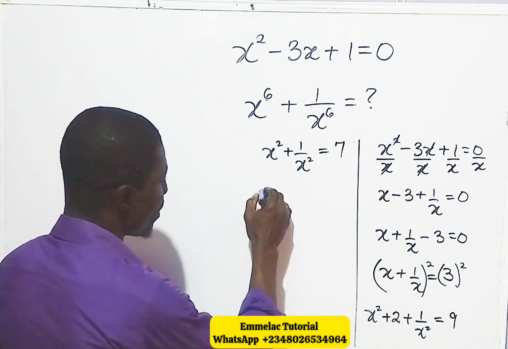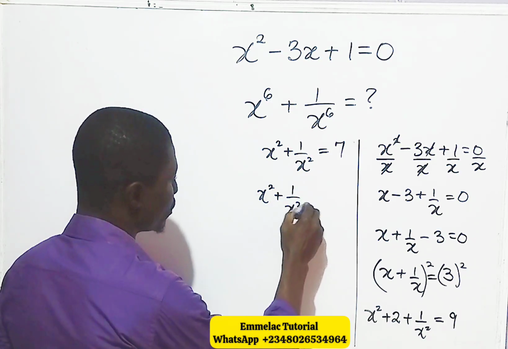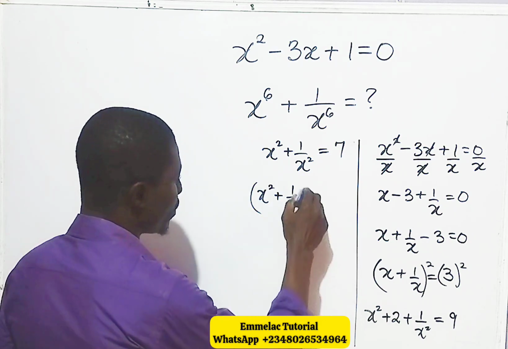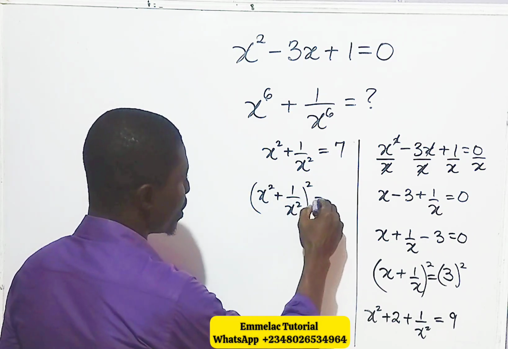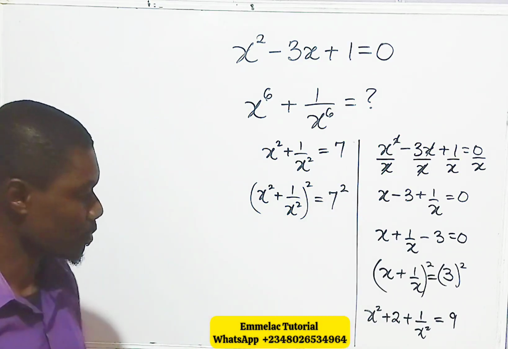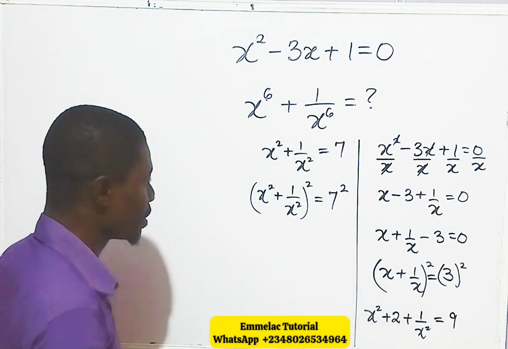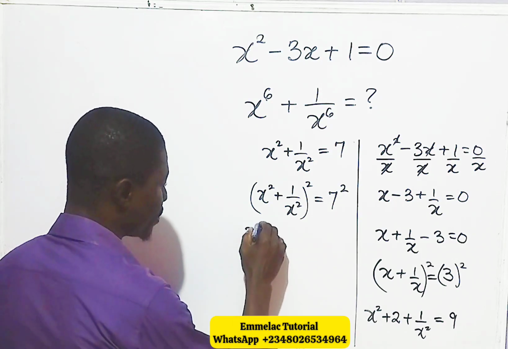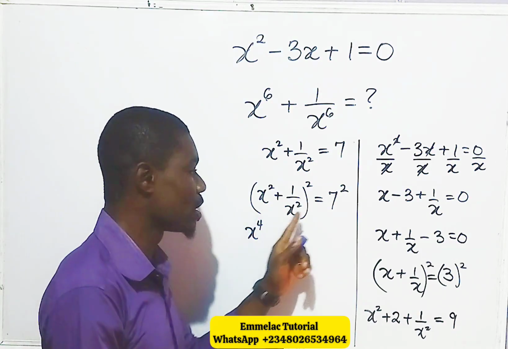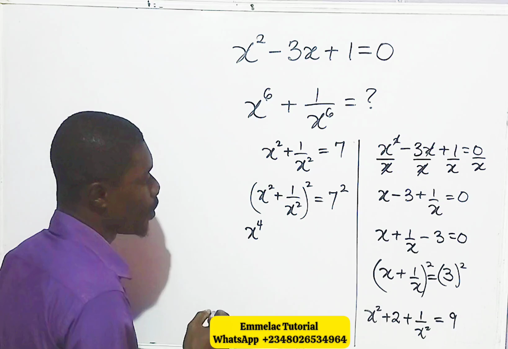Okay, so here we have x squared plus 1 over x squared, all raised to the power of 2, then equals 7 raised to 2. Applying the same rule, you have x raised to the power of 4, because x squared raised to 2 gives us x raised to the power of 4.